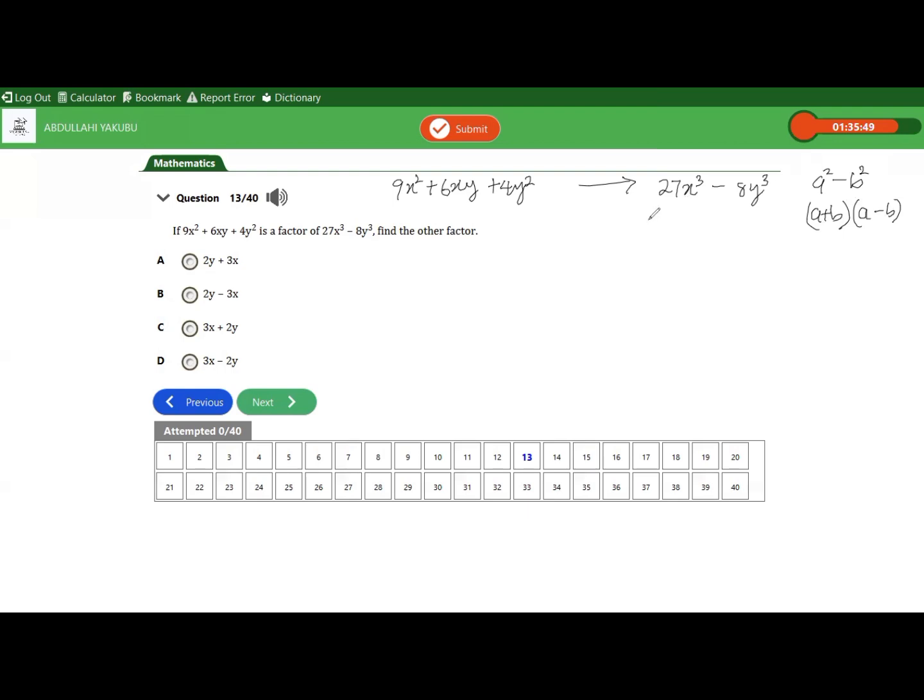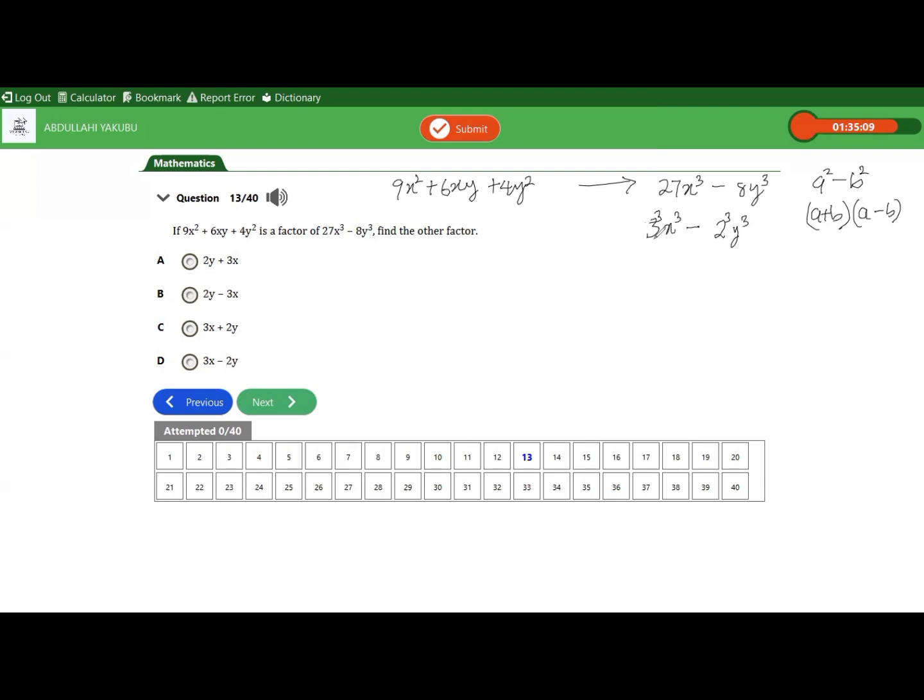Two cubes. So in that case, for instance, this is raised to power 3. So we think of how we can make this coefficient in cube as well. You remember that 27 is the same thing as 3 raised to power 3, isn't it? And we have x raised to power 3 here, minus 8 is the same as 2 raised to power 3, then y raised to power 3, right?